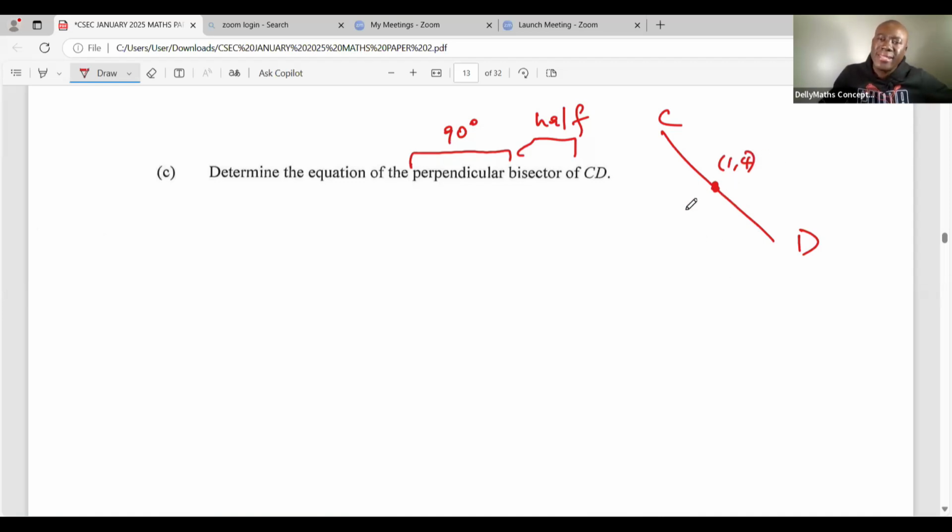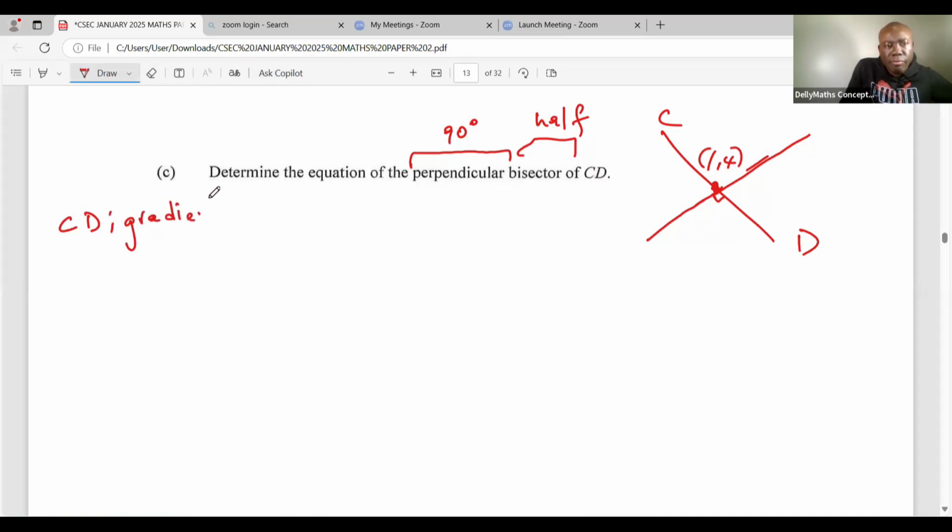Okay. A perpendicular bisector is going to be a line that passes through the center at 90 degrees. So we do have the center point, which means there is a point that this line passes through. So it's (1, 4). We have that point. And then there is a relationship shared between lines that are perpendicular. One gradient is the negative reciprocal of the other gradient. Remember, the gradient that we got for CD was negative 1/3.